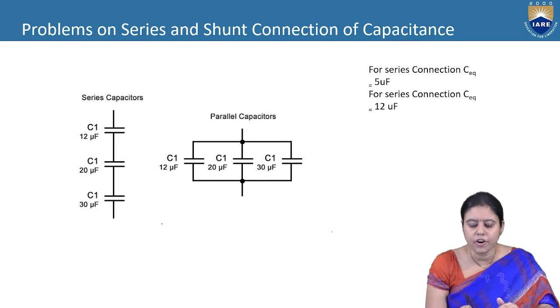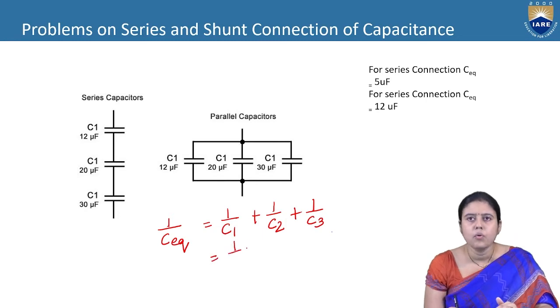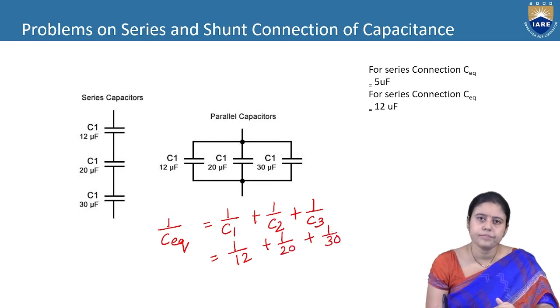So according to the formula, what is C equivalent? 1 by C equivalent is equal to 1 by C1 plus 1 by C2 plus 1 by C3. What is 1 by C1? 1 by 12 plus 1 by 20 plus 1 by 30.